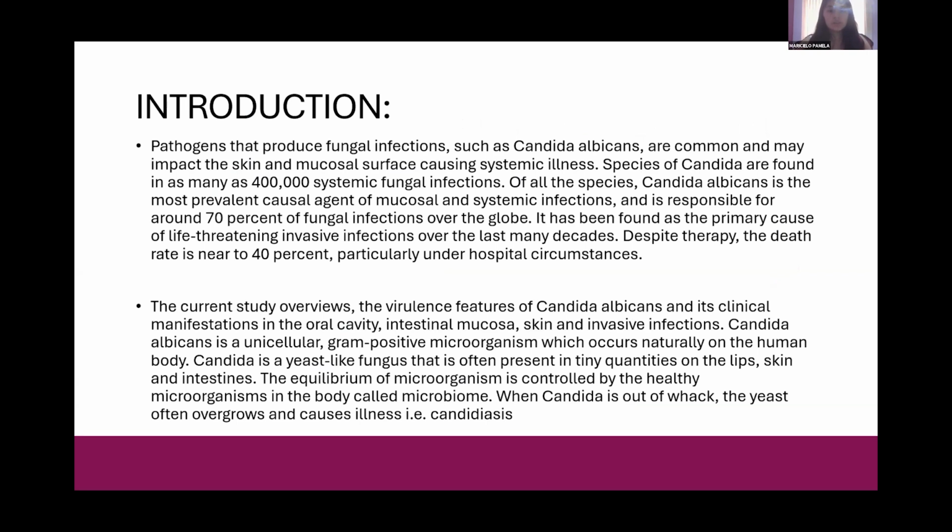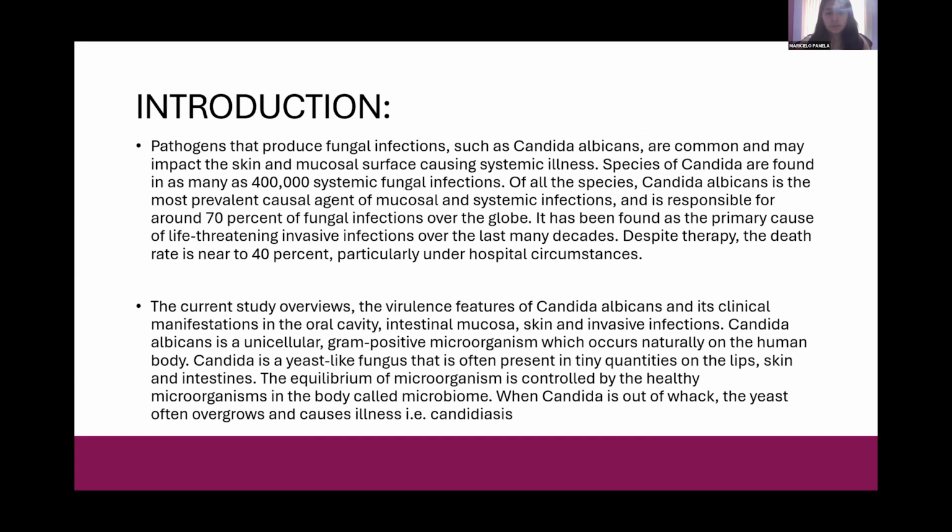Introduction. The frequency of Candida albicans varies depending on the geographic regions. In the United States, Europe, and Australia, Candida albicans is the most common species with percentages between 76 and 89%. In some countries of Africa and Asia, the percentage of Candida albicans is high.